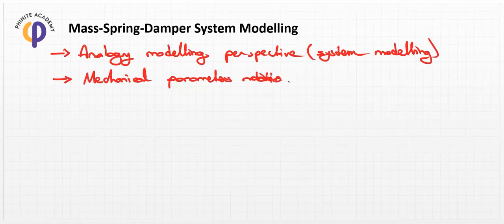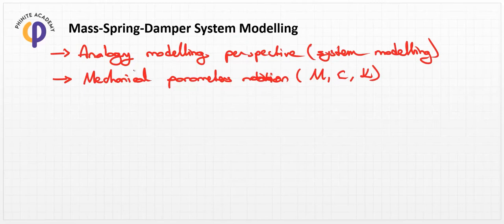It is the second subject of this lesson, which means that it's called by the M mass, damping ratio, and spring coefficient of the system modeling perspective.